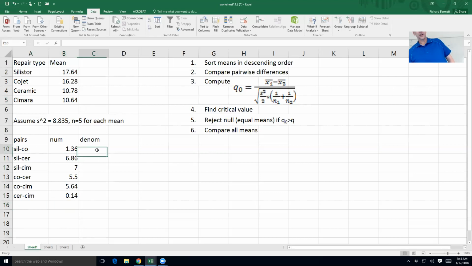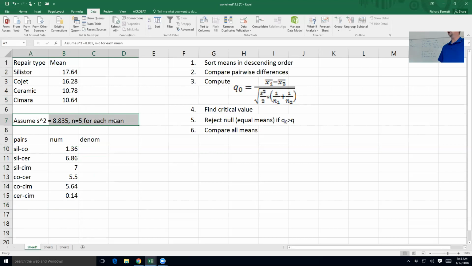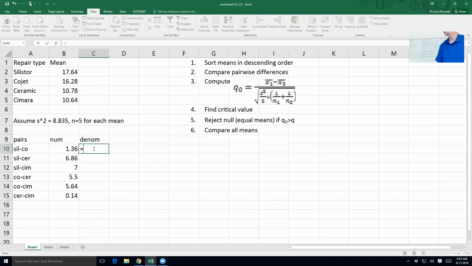Okay, let's do the denominator. Normally you would have already calculated your MSE. I'm telling you your MSE is 8.835. So your denominator here is the square root of s squared, which is 8.835. Normally you just pick that off from your previous step. Divided by 2.